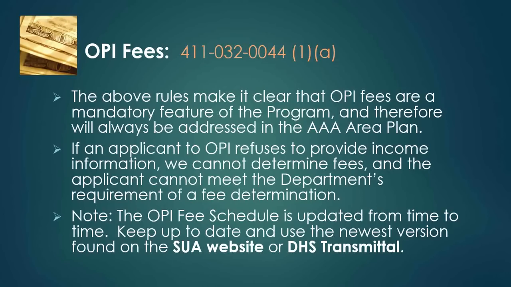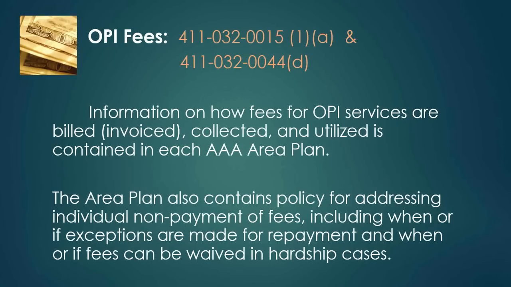Okay, let's look a little bit at an issue. I have two rules here on the slide. Now, information on how fees for OPI services are billed or invoiced, collected, and utilized is contained in each AAA area plan.